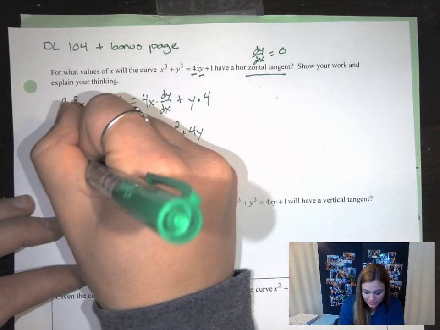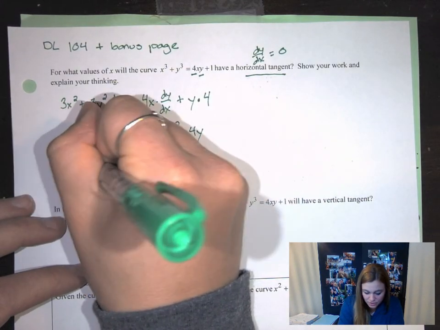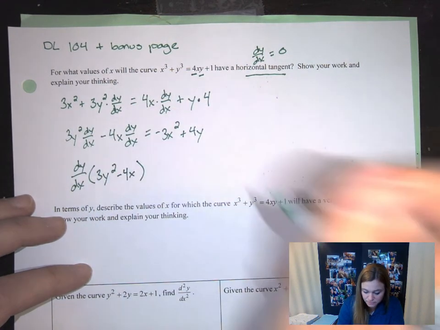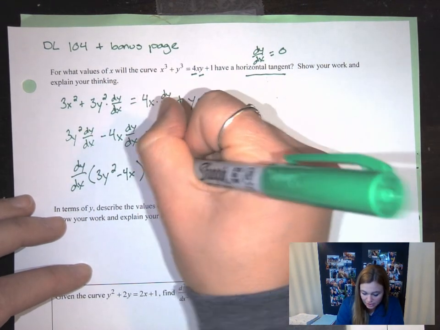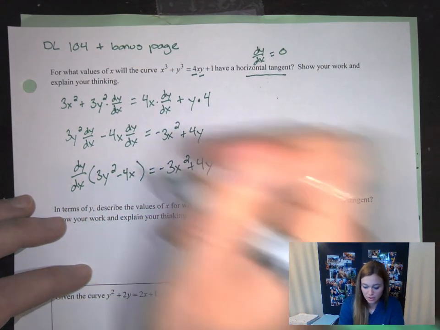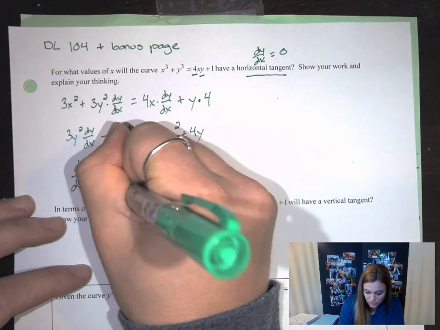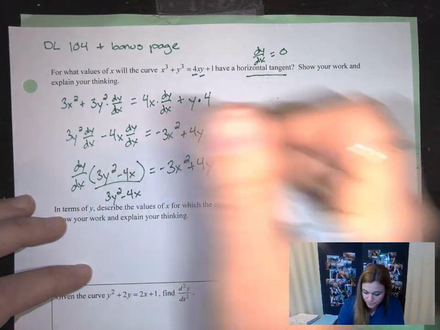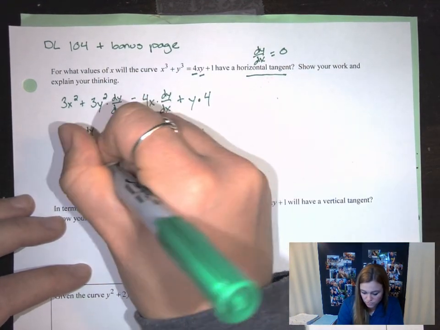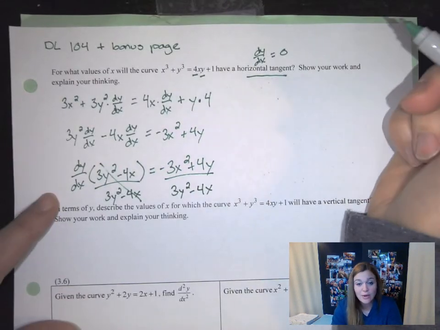Your next step is to factor, so dy/dx, factor out 3y squared minus 4x, and then I have negative 3x squared plus 4y, over 3y squared minus 4x. Boom. So now I know my derivative.